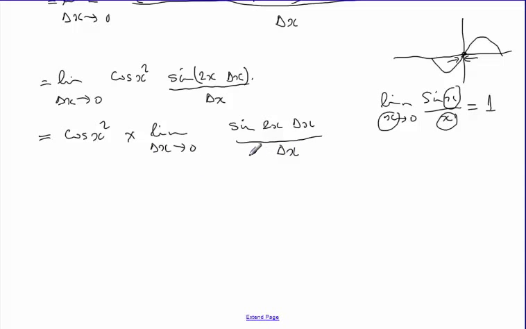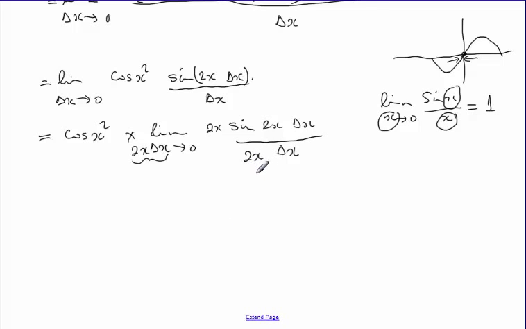What do I do? I can just multiply this by 2x and multiply by 2x. What if I multiply by 1? 2x over 2x is 1. Altogether. And then I can multiply this one by 2x. Why don't I care that I multiply by 2x? Because even if I multiply by 2x, as long as my Δx is going to 0, the whole thing is going to approach 0. Every time I multiply a certain fixed number with a number which is going to 0, that number shrinks towards 0.